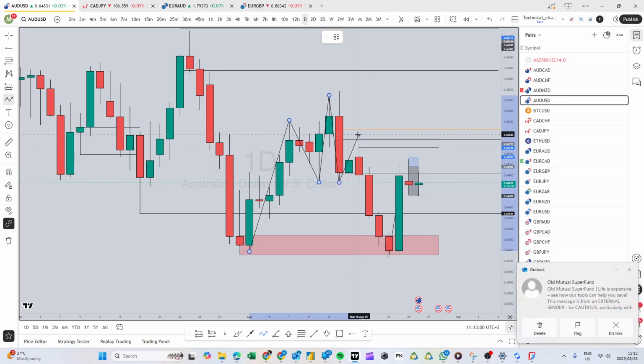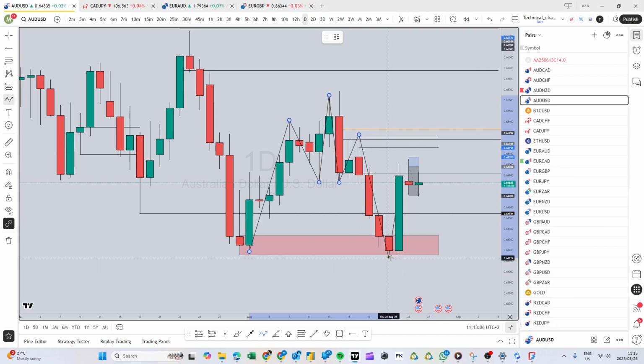This was the head and shoulder coming down right here, and then we had the break of the neckline of the head and shoulder right here. So this is where we had the break of the neckline, and then we continued going down.